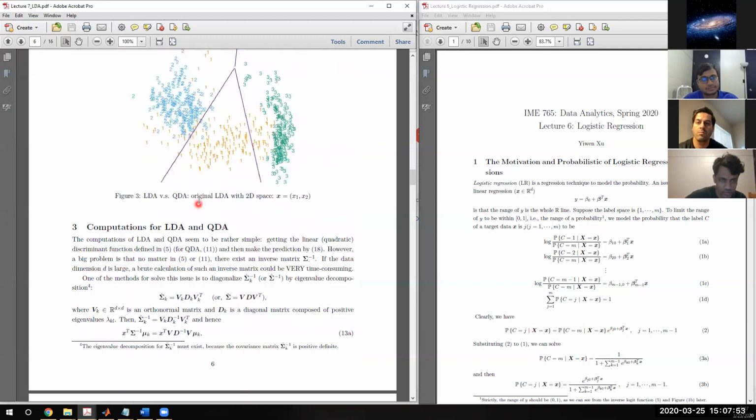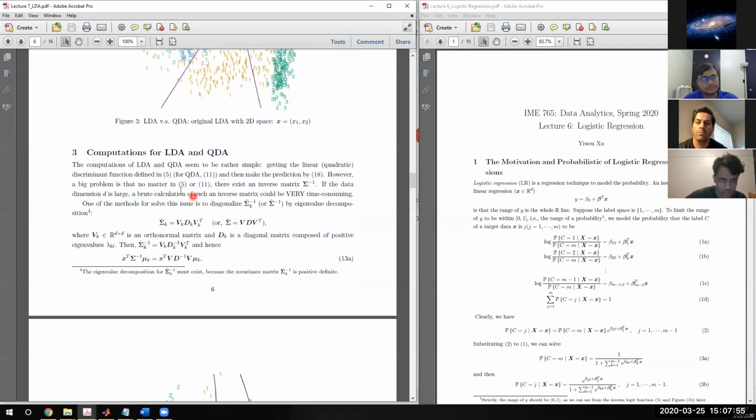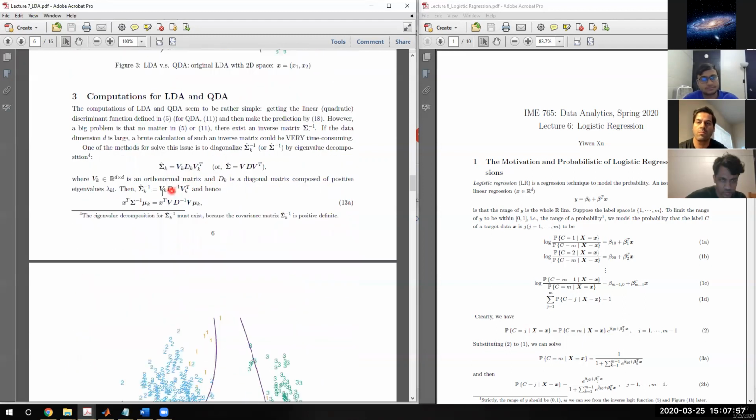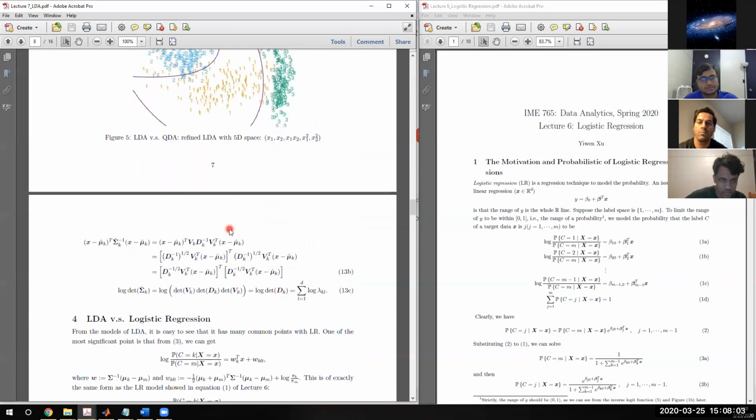We showed examples and also computations for LDA and QDA. The trick is eigenvalue decomposition, so that I can make things easier rather than brutally calculating this inverse matrix, which is very time-consuming if the dimension of the feature space is very high.